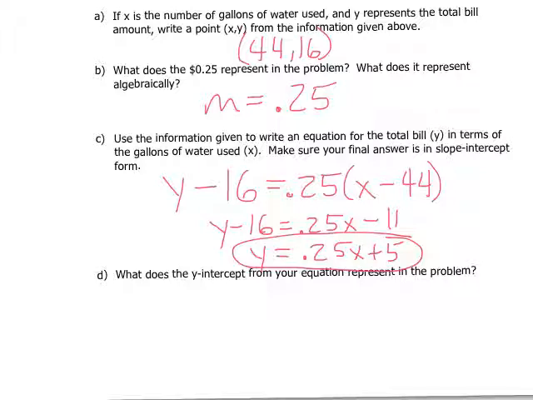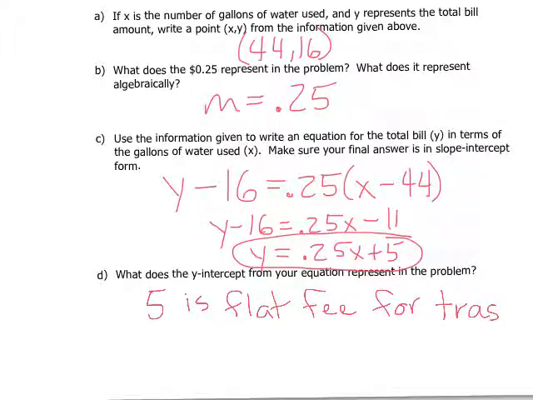There was a flat fee for trash pickup, and then 0.25 times the number of gallons of water was my water fee. So when I solve down, the 0.25x becomes my water fee, and the plus 5 that's left over is my trash pickup. So 5 is the flat fee for trash. Okay, so we have $5 as the flat fee for the trash.